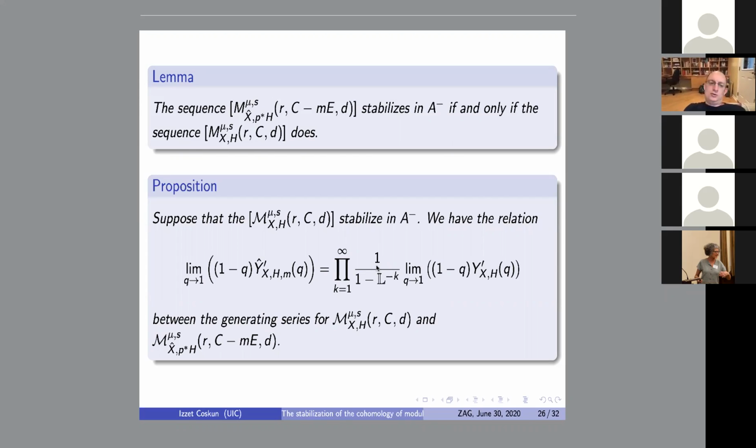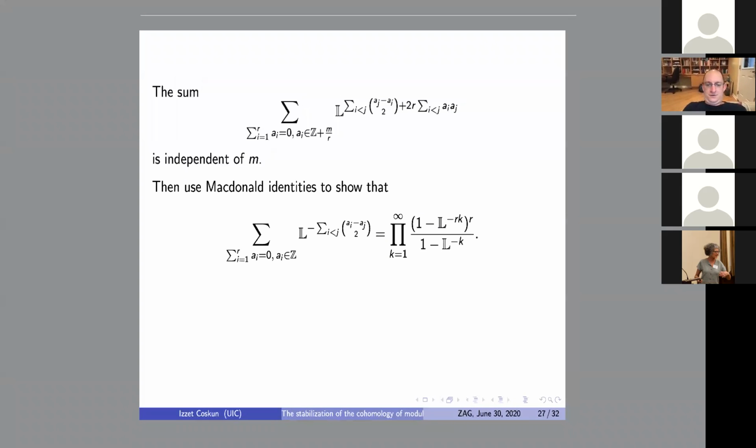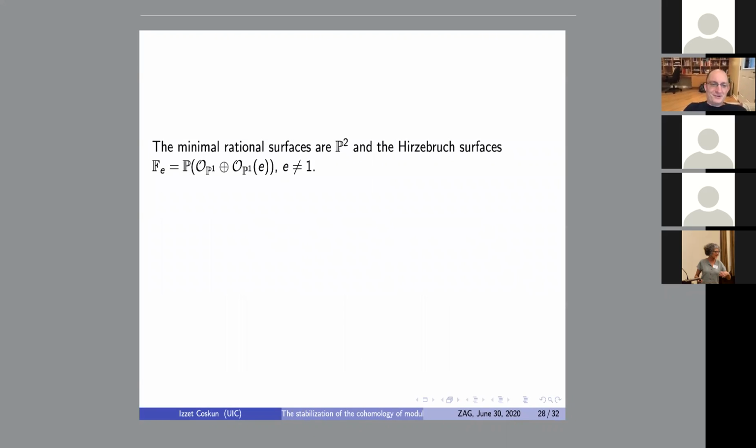So now, I don't think we need to know the proof. To conclude, you need to compute. The key point here is that the minimal rational surfaces are P2 and these Hirzebruch surfaces. And what you need to do is figure out what they are for these and then blow up successively to get to an arbitrary rational surface.